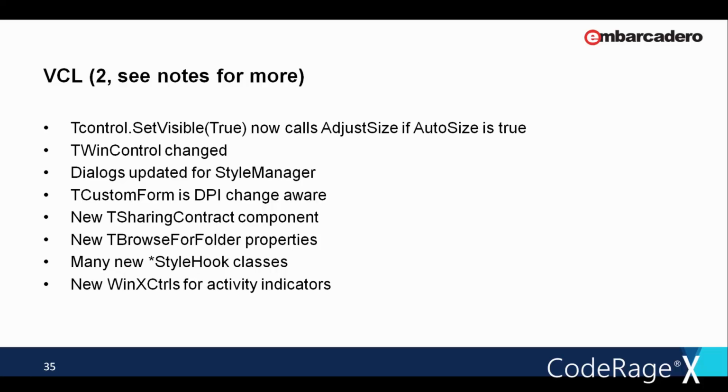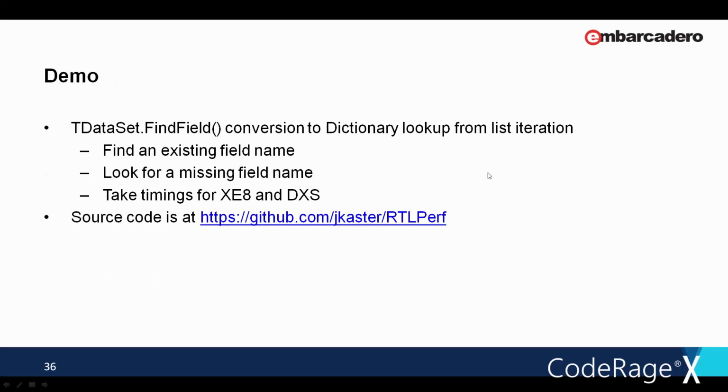TCustomForm is DPI change aware, so all descendants from that are DPI change aware. The sharing contract component is for that new Windows API. For the TBrowseForFolder properties, there's a whole bunch more folders that you can support in there. There's a lot of new style hook classes. And there are WinX controls for activity indicators on Windows.